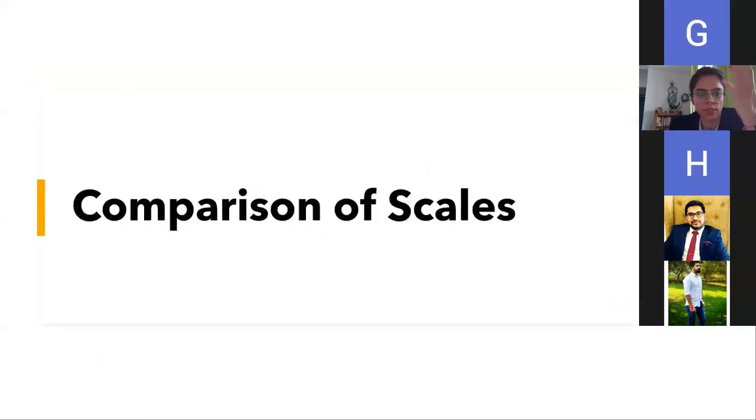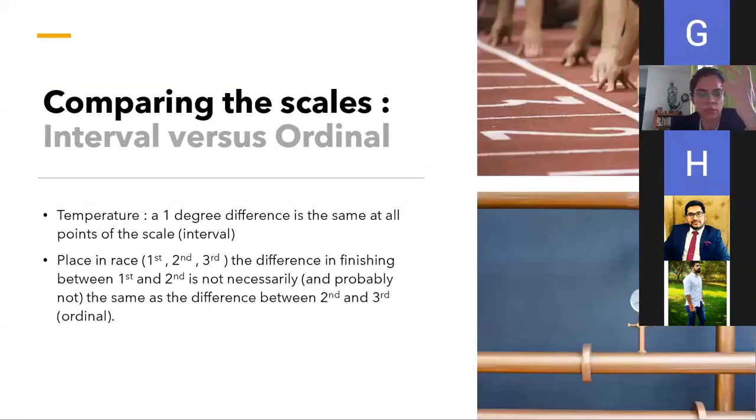Let's do one thing. Let's compare all these scales. I have already taken you through these examples. So what is the difference between interval and ordinal? What example did I give you for interval? Temperature. Yes, temperature.